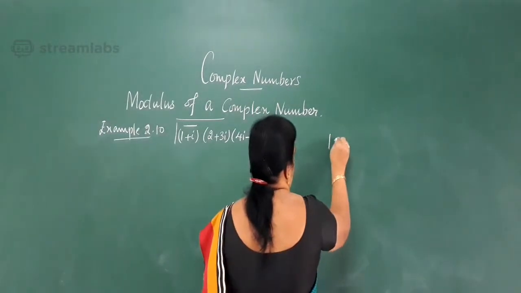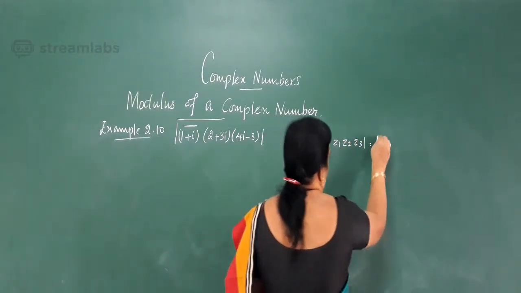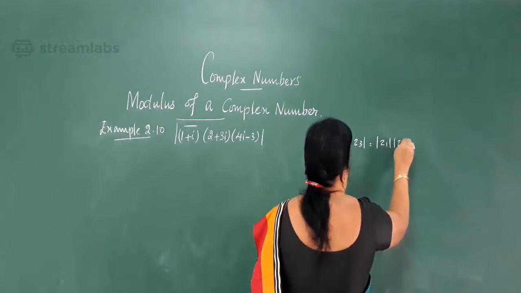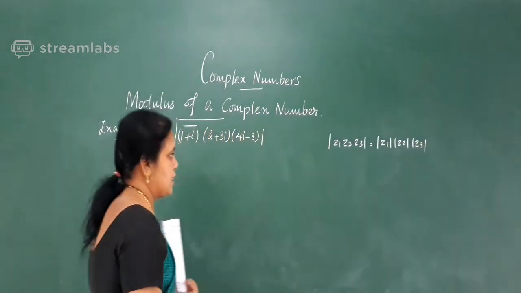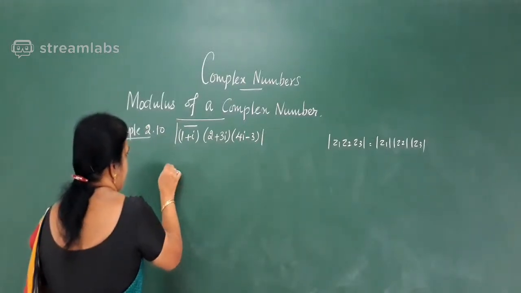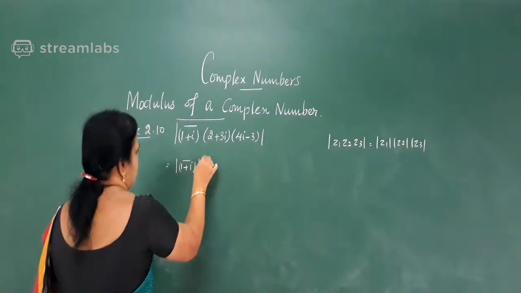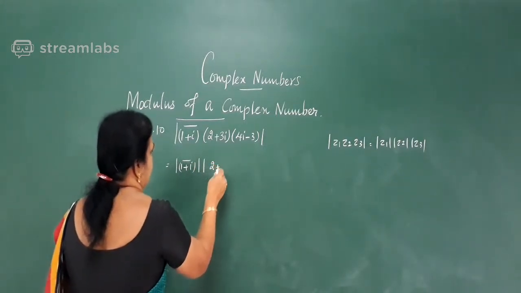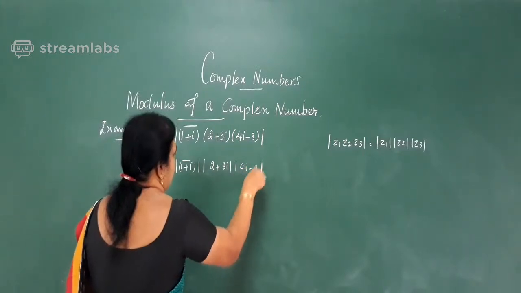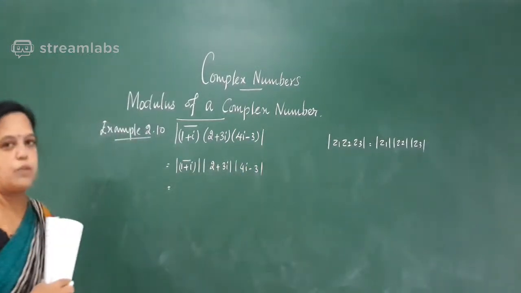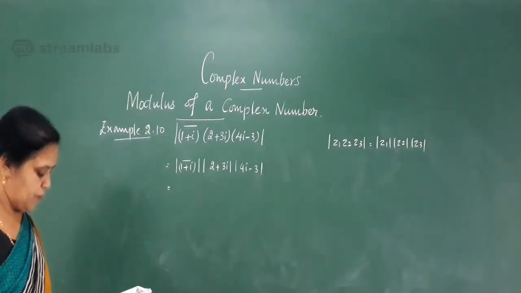How? Z1, Z2, Z3 are their names. We can split this complex number like this. By using this property, I am going to split: modulus of 1 plus i conjugate, modulus of 2 plus 3i, modulus of 4i minus 3. Next, we have to find the modulus of each and every one.